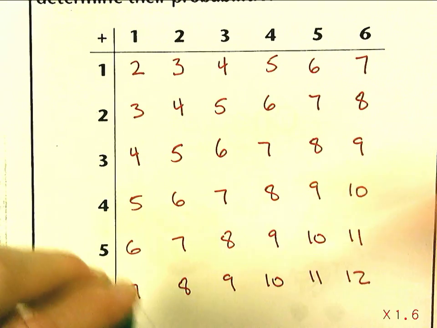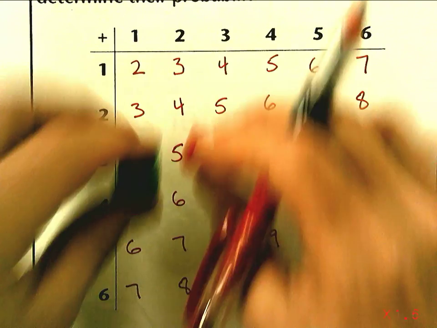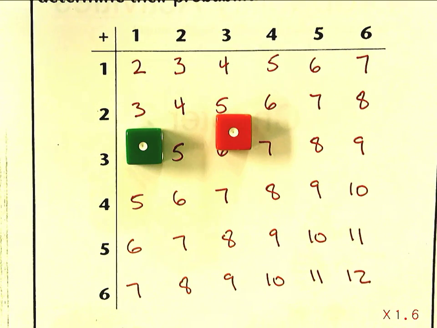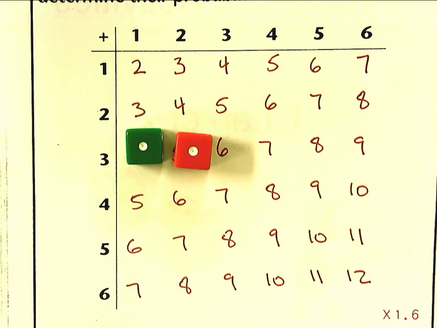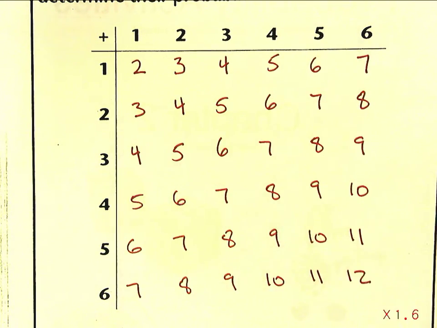There's only one way to do that with a pair of dice. 1 out of 36 is the probability of rolling that combination, which is right there.